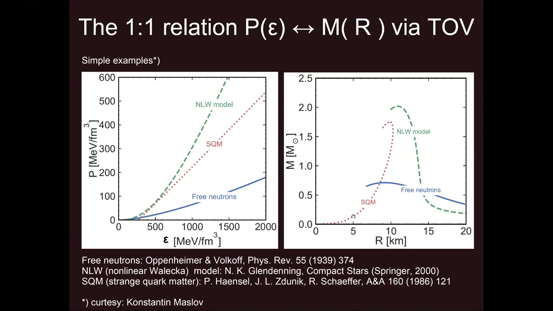You get this typical curve for so-called self-bound matter, which is bound by confinement, by the bag pressure, and doesn't need gravity to be bound. So strange quark matter can exist as tiny nuggets as well.